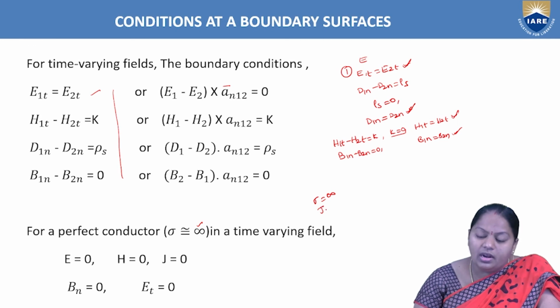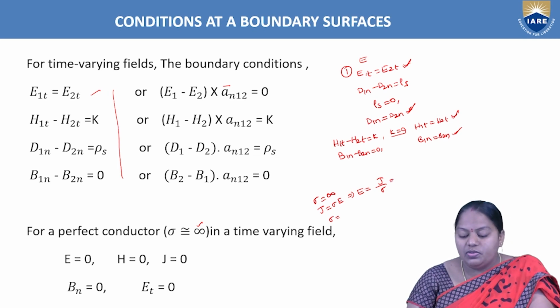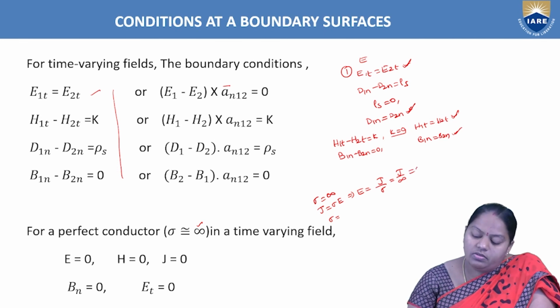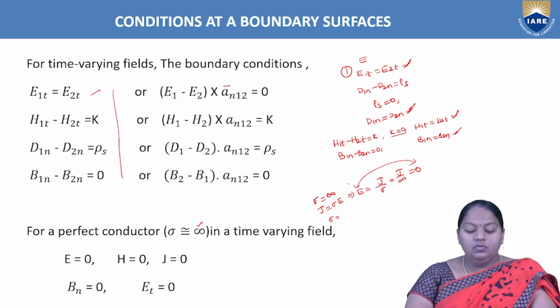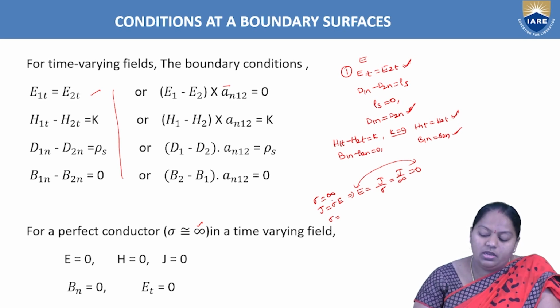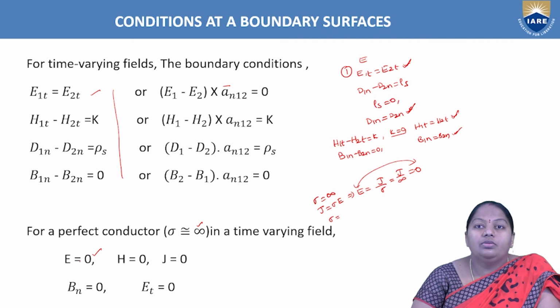According to the conduction current density, J equal to sigma into E. So evaluating the equation for E, E equal to J by sigma. If you substitute sigma by infinity, J by infinity is equal to 0. Hence, E equal to 0 for a perfect conductor in time varying fields. If we assume sigma to be infinity, then E must be equal to 0.